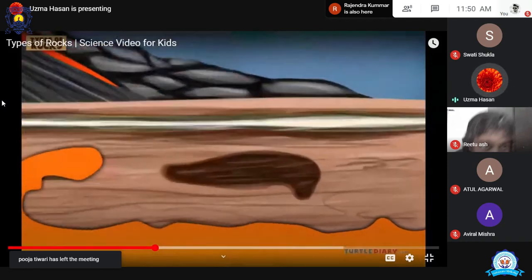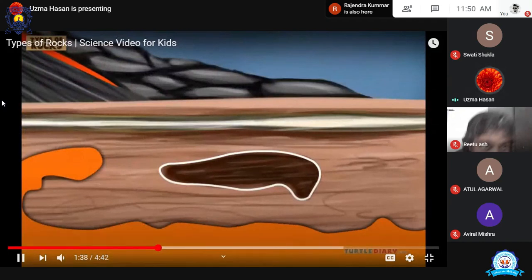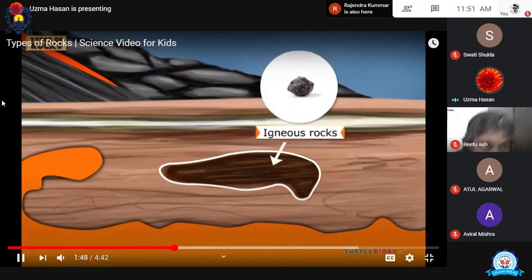Magma can also cool under the surface. It makes rocks under the ground. The rocks that are formed from magma are called igneous rocks.